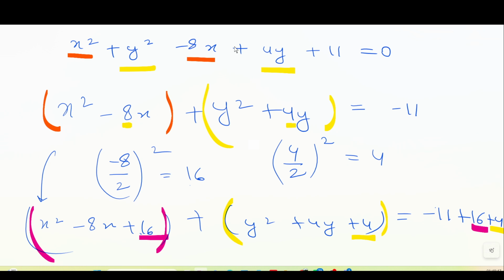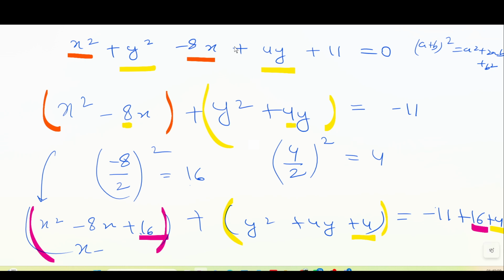Okay. Now if you remember, the formula for a plus b whole squared is a squared plus 2ab plus b squared, right? So this is a squared, this is 2ab, and this is b squared. So a is x and b squared is 16, so that means b is 4.